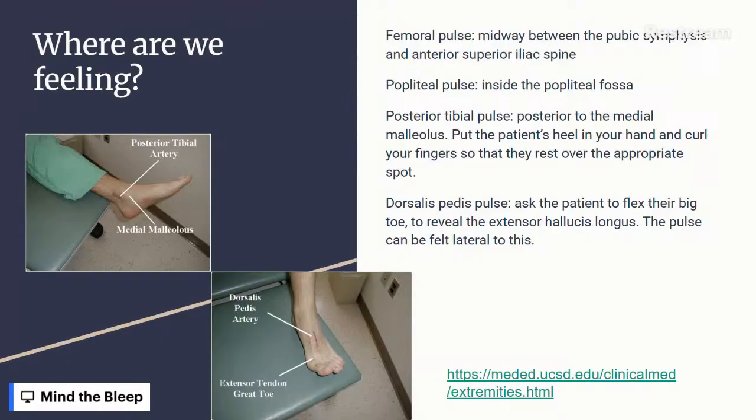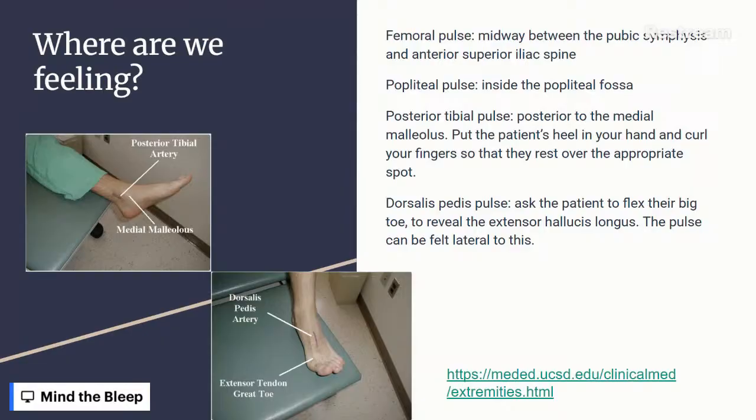Your femoral pulse, surface anatomy, so you're going midway between the pubic symphysis and the ASIS. The popliteal pulse is in the popliteal fossa, so we cup the knee, fingers at the back, and then that's where you would feel it. Posterior tibial pulse, posterior to the medial malleolus.